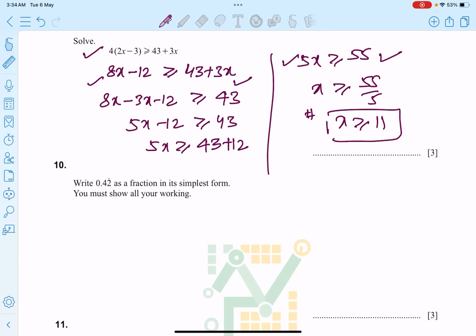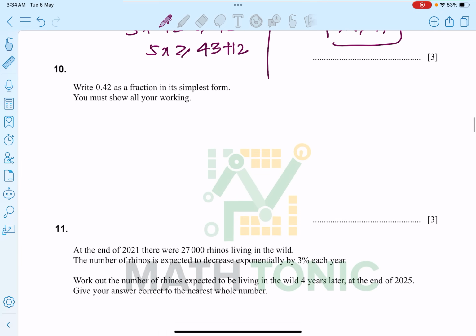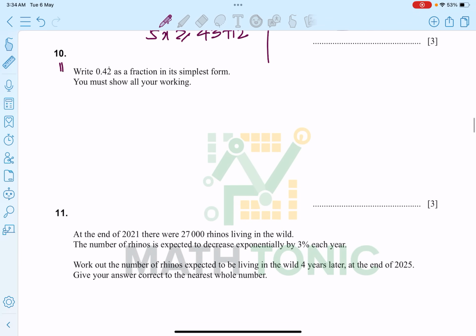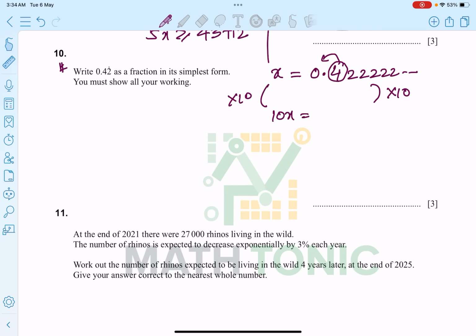Yes. Next question is about a recurring decimal. We have to convert this into a fraction. See, whenever a recurring decimal is given, make it equal to x, that is 0.42222 like this. You can see here the 2 is the only recurring part. What are the steps? First, try to take the non-recurring number to the other side. So I will multiply by 10. So this will become 10x equals 4.2222 like this.